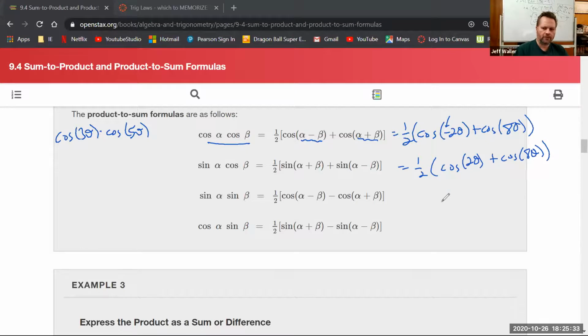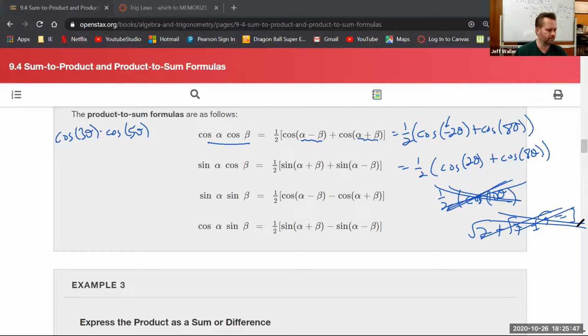Now, the part that really makes me cry is if a student says this would make me really cry. That's sort of like saying square root of 2 plus square root of 7 equals square root of 9 equals 3. Yay, Jeff. No, stop it. Right? You can't add the insides of a function like that. In fact, here's something interesting. You ready?